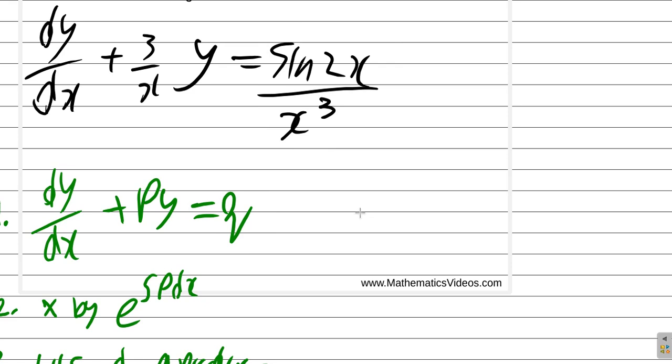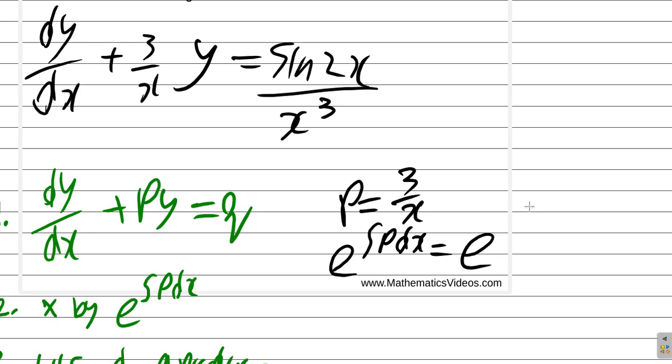So p is equal to 3 divided by x. Therefore, e to the integral of p dx is equal to e to the integral of 3 divided by x dx, because p is 3 divided by x.